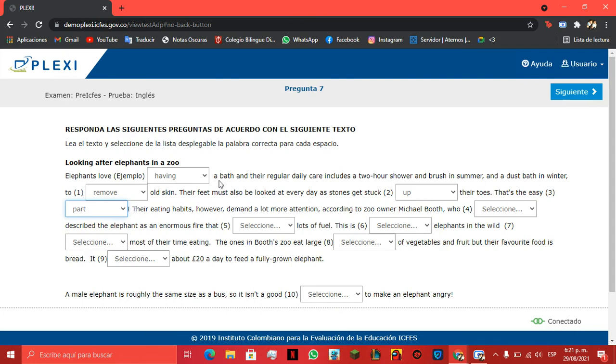First of all, it is the word that makes more sense, and a part is like a period of time and not like a piece of something.